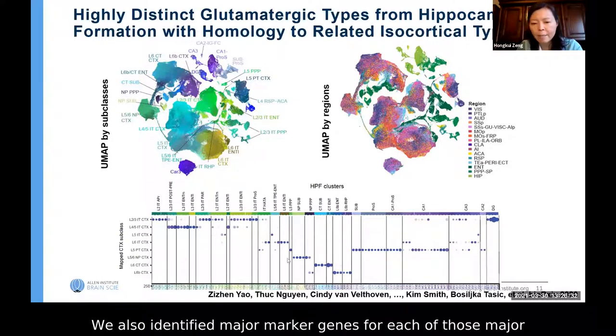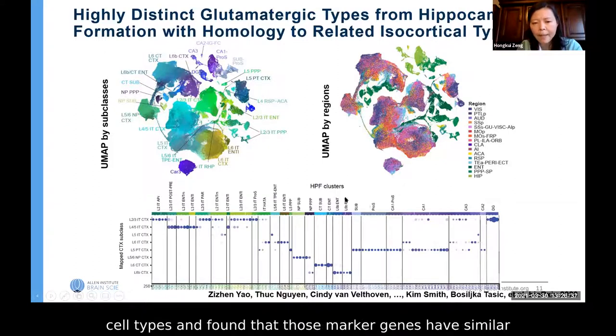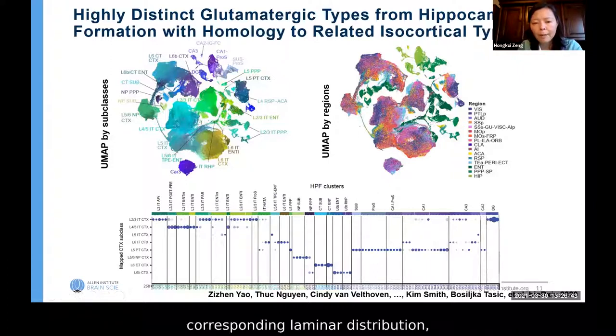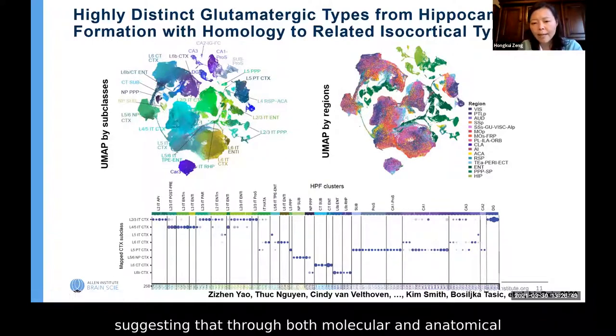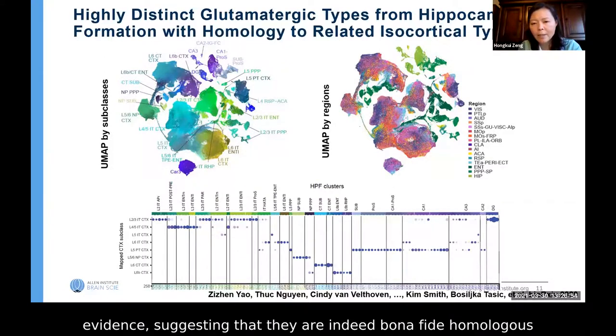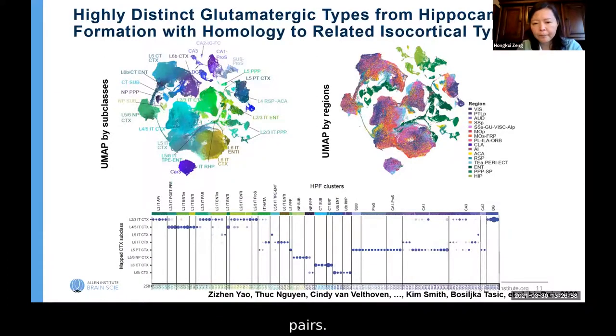We also identified major marker genes for each of those major cell types, and found that those marker genes have a similar, corresponding laminar distribution as their homologs in the isocortex. Through both molecular and anatomical evidence, this suggests that they are indeed bona fide homologous pairs.